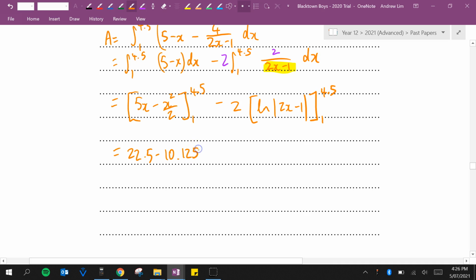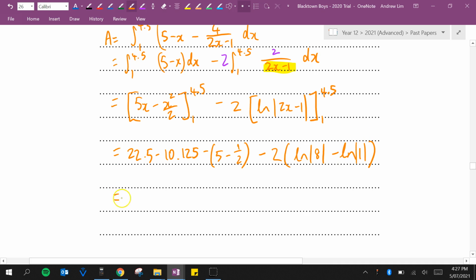I'm going to subtract 5 lots of 1, which is 5, minus 1 squared on 2, which is half, minus 2 lots of ln of the absolute value of 2 times 4.5, which is 9, minus 1 is 8, minus ln of 2 times 1, which is 2, minus 1, which is 1. But we know that that's 0.